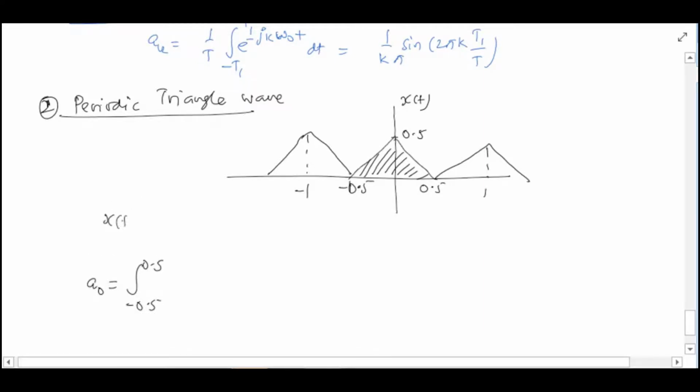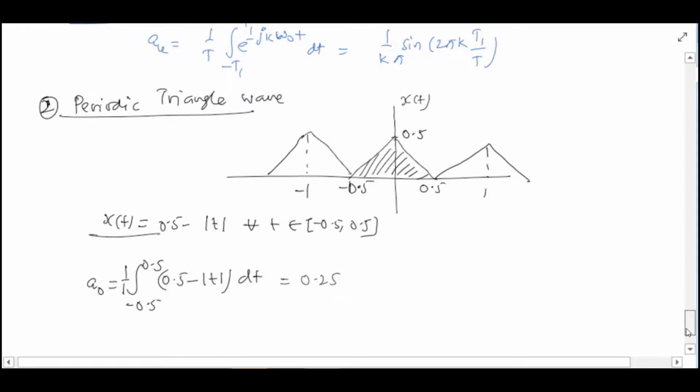This wave can be written as follows: x(t) equals 0.5 minus modulus of t for all t in minus 0.5 to 0.5, and then it repeats with period 1. So with this in view, I can write a0 as integral from minus 0.5 to 0.5 of 1 by 1, which is the period, times 0.5 minus modulus of t dt, and this turns out to be equal to 0.25.